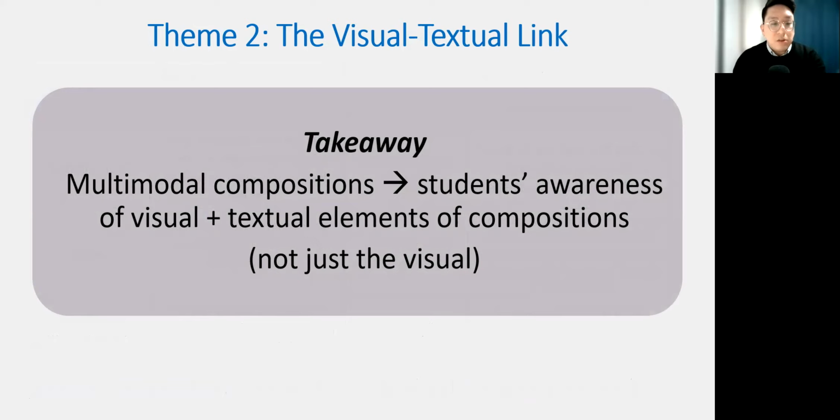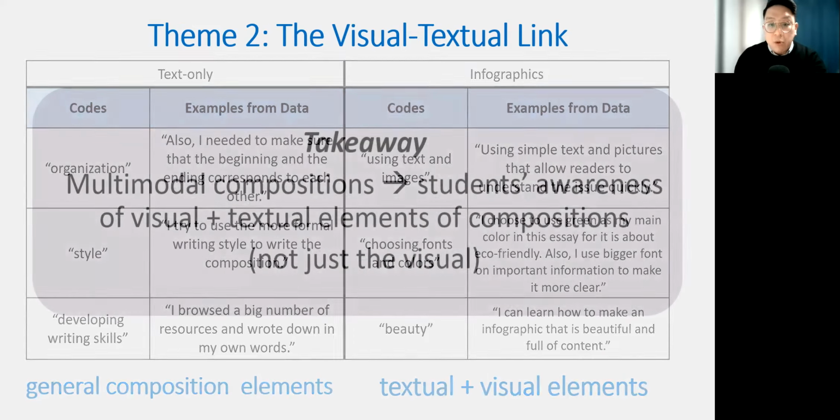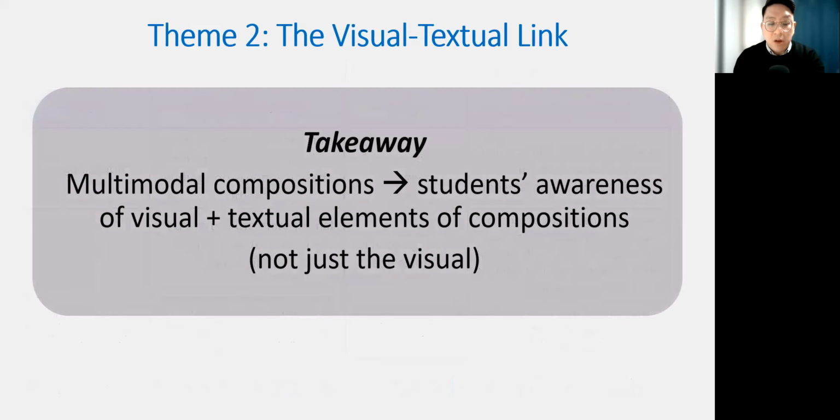And also, it's interesting that the students weren't just talking about the visual stuff, right? For example, they were also talking about text, using simple text and using certain fonts, which means that doing the multimodal composition is also bringing awareness to the textual elements and not just the pictures or the images or the colors.